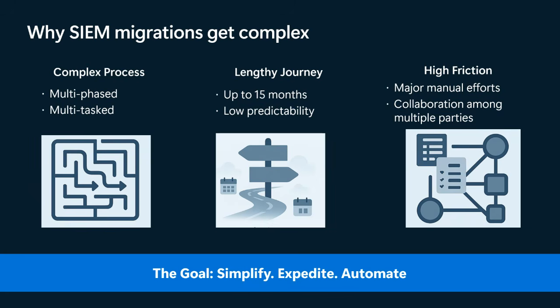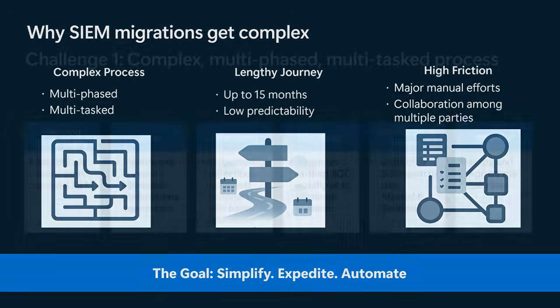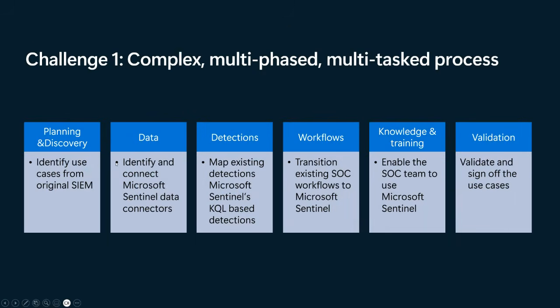So let's drill down into each challenge and look at how the migration tool can simplify these challenges. In the first challenge, we have a complex multiple-phased project. This involves planning and discovering. In this stage, you want to identify the use cases from your original SIEM. Then you need to go to the data phase, which is where you identify your data sources and how they map into the Microsoft Sentinel data connectors.